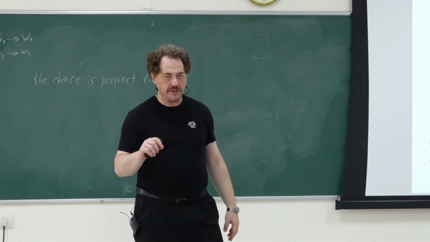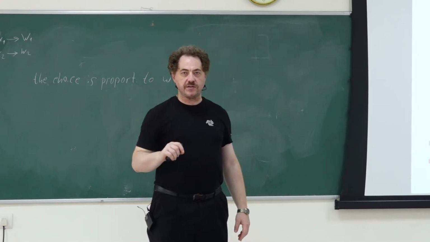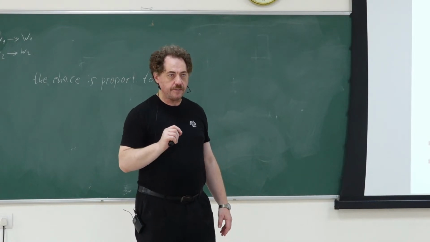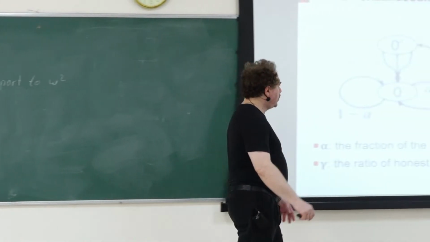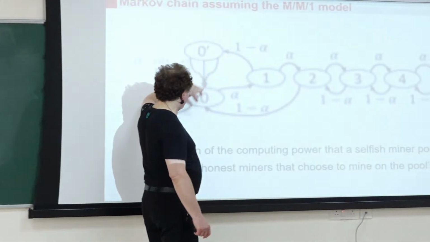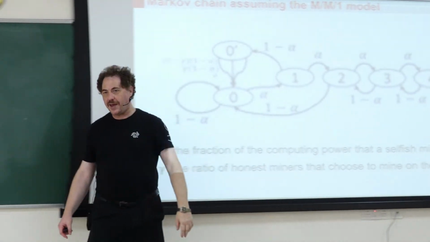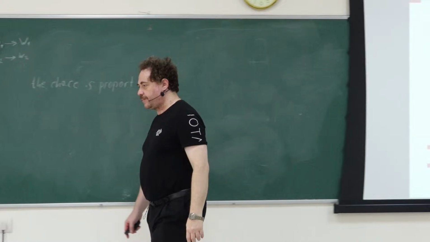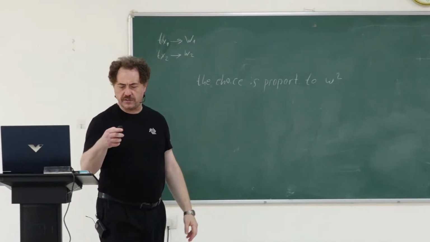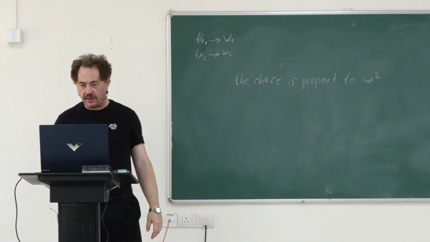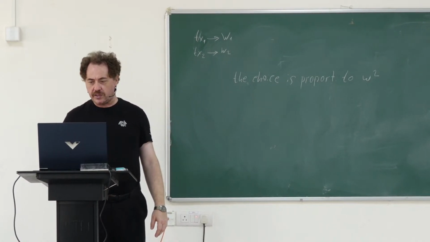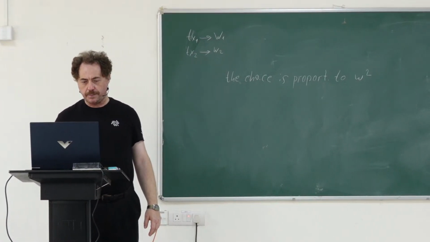In this case, the selfish miner releases the next block and wins the race. So in both cases, it would go to this state, but of course the gain would be different. So this is how the selfish mining attack is analyzed. Now let's take a look at the results of the selfish mining attack.